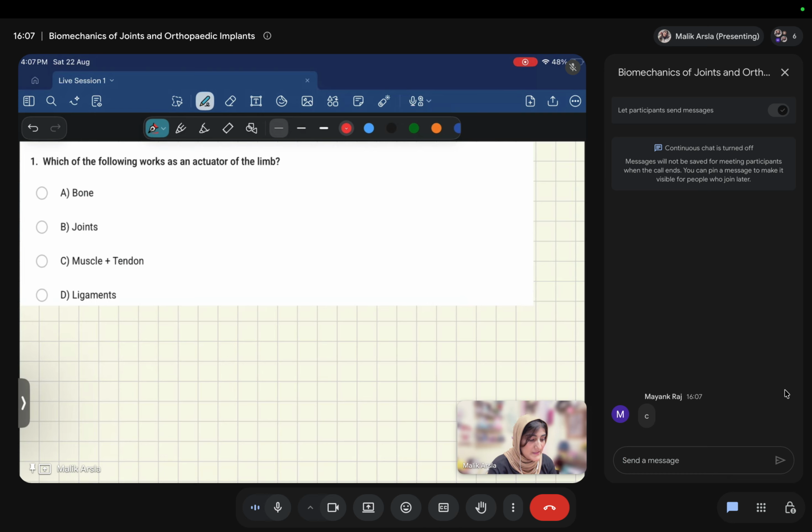Muscles and tendons transmit load from one bone to another, and the skeletal muscle is actually producing force. So muscle and tendon is the correct option for this. Is it clear?